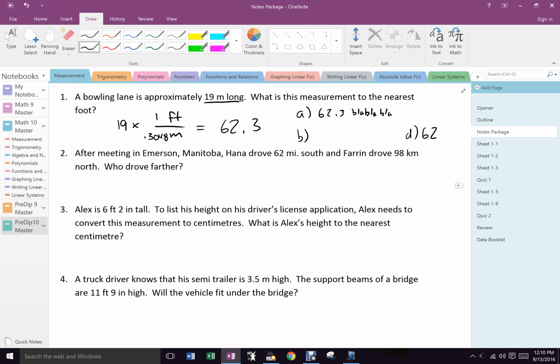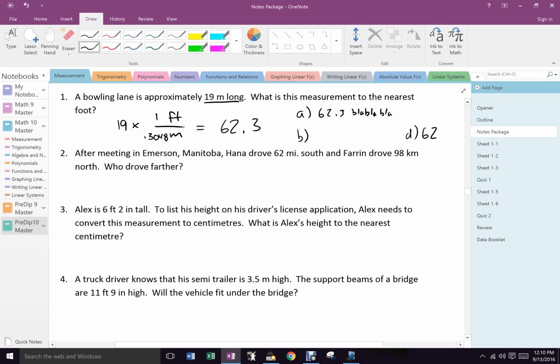Now, look at number 2. What is different about number 2? Oh, certainly. No, it was 19 divided by 0.3048. Because the 19 times 1 would stay in the numerator, right?